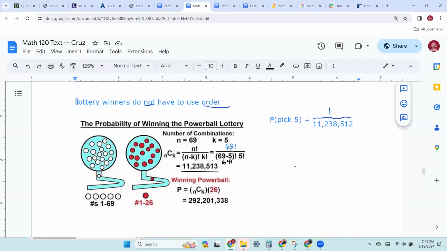Okay. So now, the probability of winning the Powerball with one ticket is 1 over the number down there, 292,201,338.